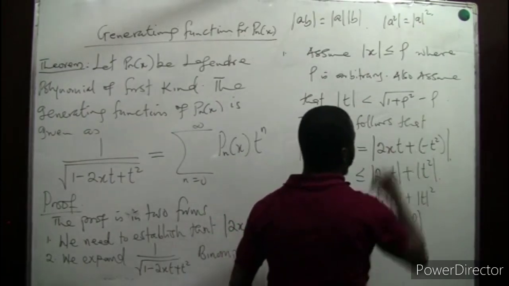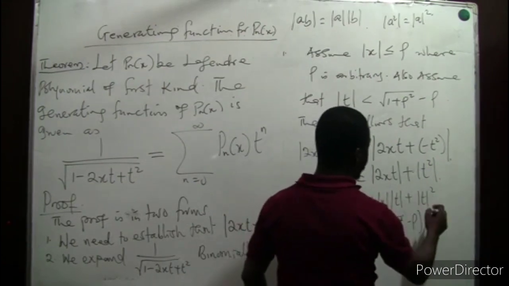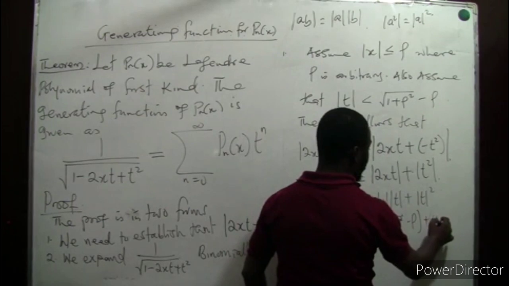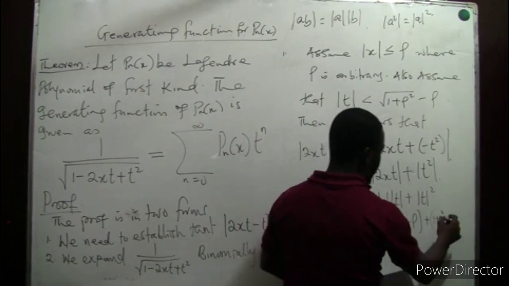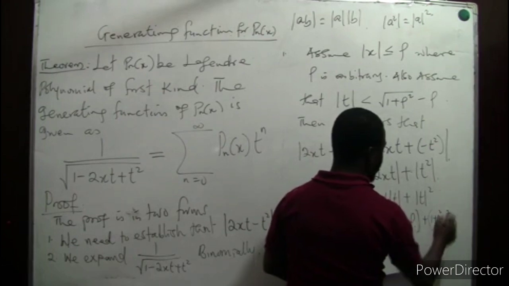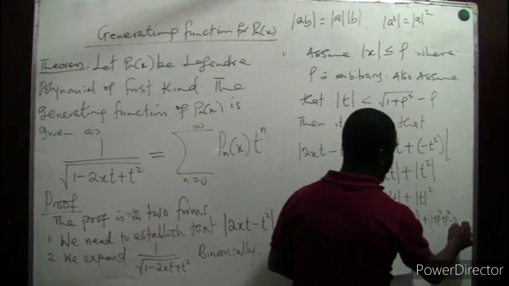Then if you take the square of this, we have plus bracket 1 plus rho squared plus rho squared minus twice rho square root of 1 plus rho squared.